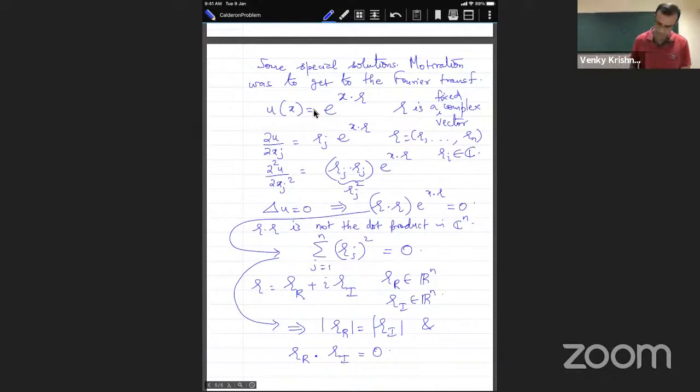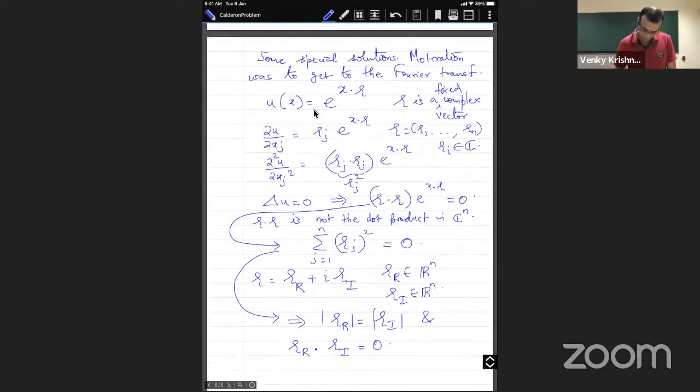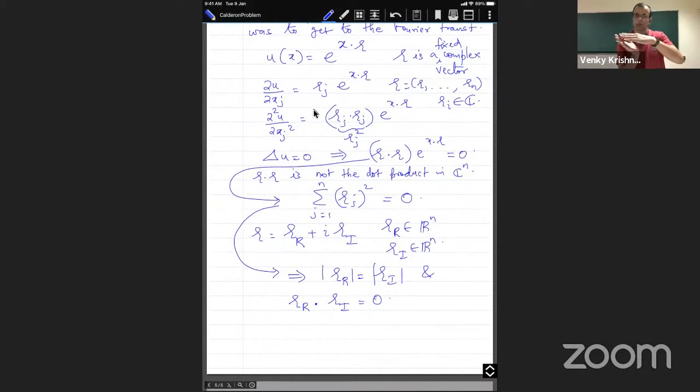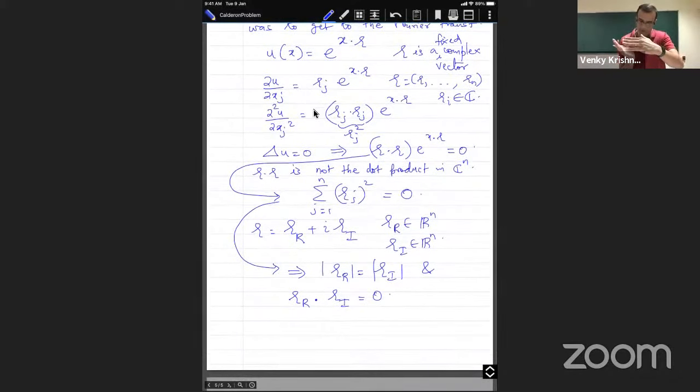In other words, the real and imaginary parts of the complex vector zeta have the same length, and these two should be perpendicular to each other.